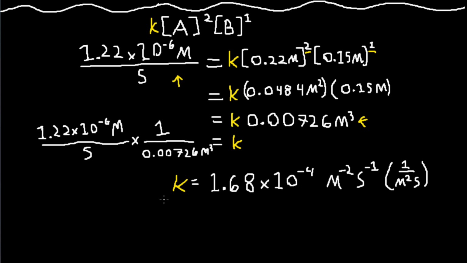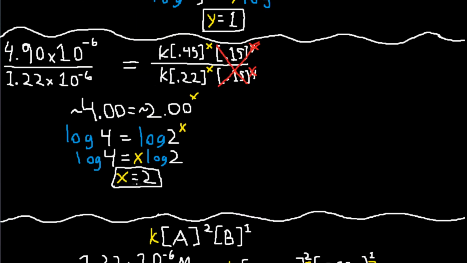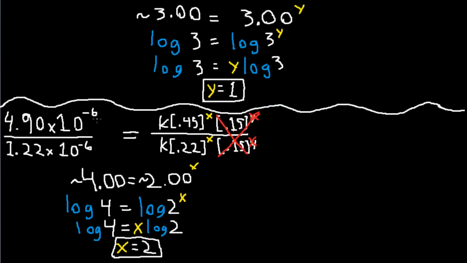So your final answer here will be K equals 1.68 times 10 to the negative 4 molarity to the negative 2 seconds to the negative 1, or a better way to think about the units, 1 over molarity squared times seconds. So this will be your rate constant, and these will be your exponents when you write out the rate law.